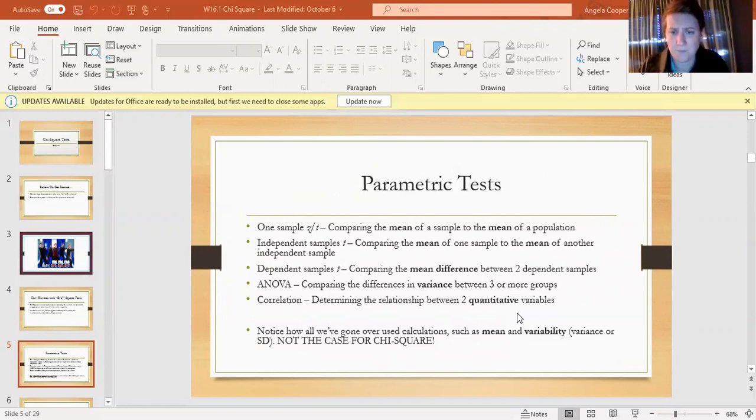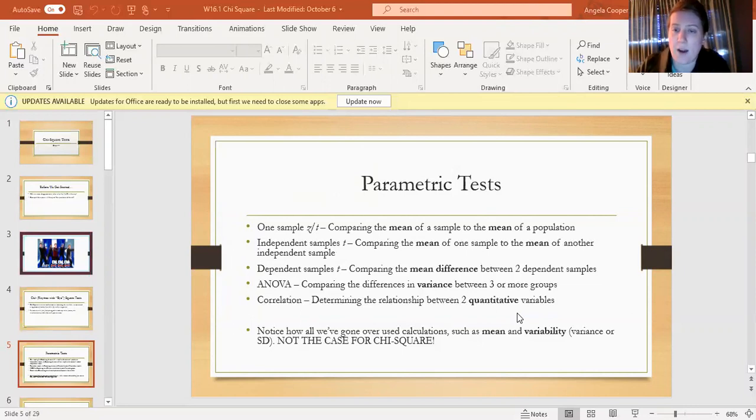With everything we've done up to this point, there has been some quantitative variable mixed in. We're looking at a mean, which is a quantitative measure, or variability through variance or standard deviation. All of these are quantitative measures. We can't take the mean of the color blue.